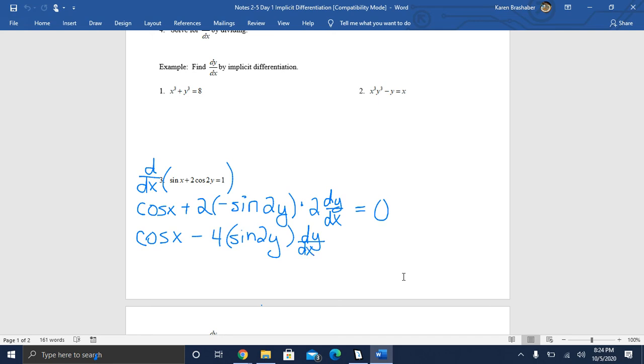So that equals 0. I can subtract cosine x to the other side, leaving me with negative 4 times the sine of 2y dy dx. And that's going to equal, moving that cosine x over will be negative cosine of x.